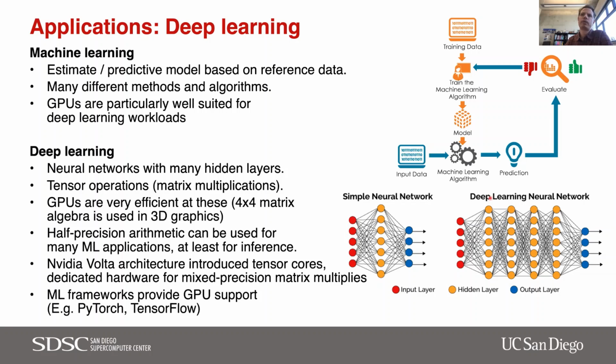And a deep neural network just means you have many of these layers. There are huge neural networks in which you literally have hundreds of thousands of these nodes, and a corresponding large number of variables. And it also means that you need to do a lot of these matrix multiplications. And well, guess what? GPUs are just very, very efficient at doing these.